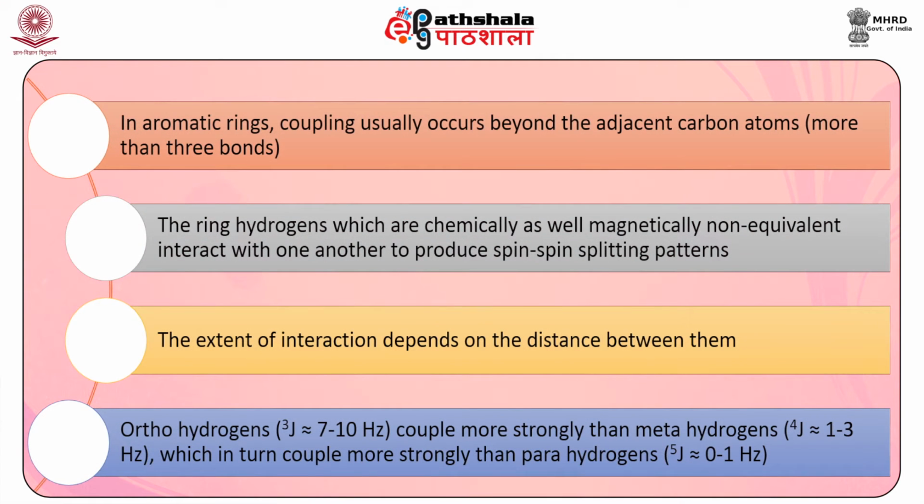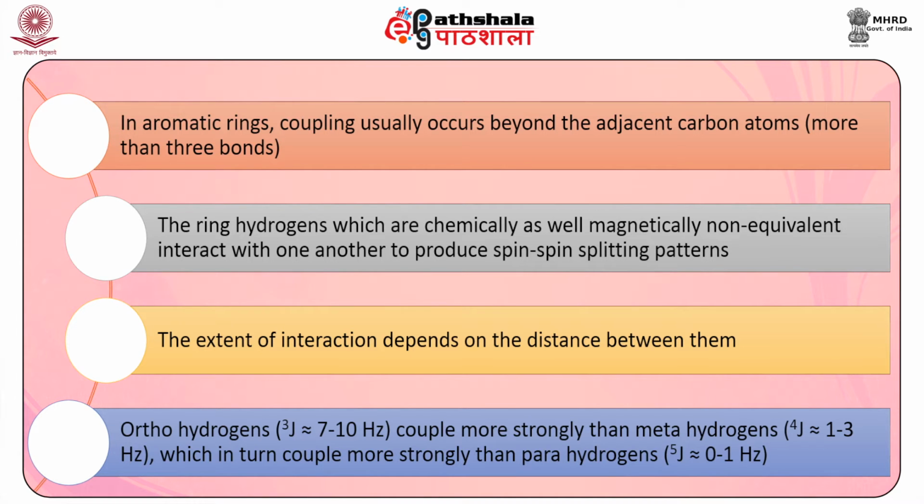In aromatic rings, coupling usually occurs beyond the adjacent carbon atoms also, that is for more than 3 bonds. The ring hydrogens, which are chemically as well as magnetically non-equivalent, interact with one another to produce a spin-spin splitting pattern.